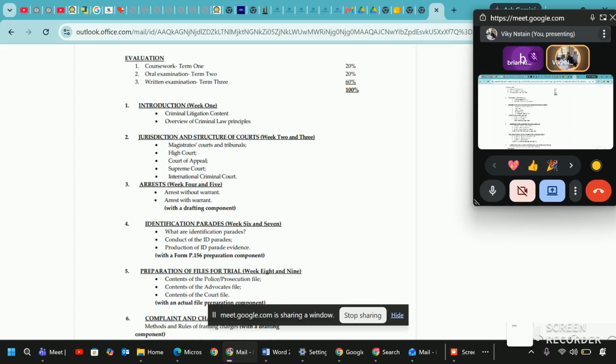So I believe up to that point I've discussed situations that require an arrest without a warrant, and where an arrest warrant is to issue. Do you know the drafting application you will make? Because we saw earlier, if I want now to do an application to recall a warrant of arrest, you move the court under section 102, 107 and 108 of the Criminal Procedure Code, because now you'll be acting on behalf of the suspect.